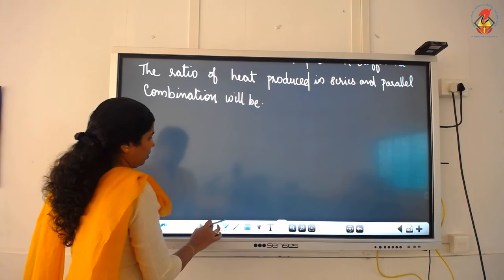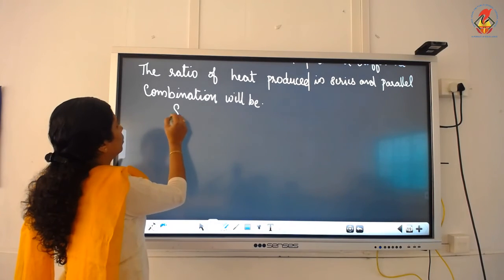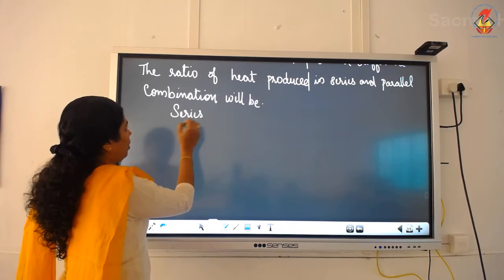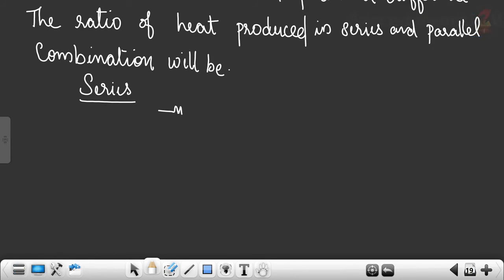Series. In case of series two resistors are there that are connected in series. Suppose this one is having a resistance R, this one is also having a resistance R. Now the effective will be Rs equal to R plus R, that is equal to 2R. Now, what is the heat developed in this case?